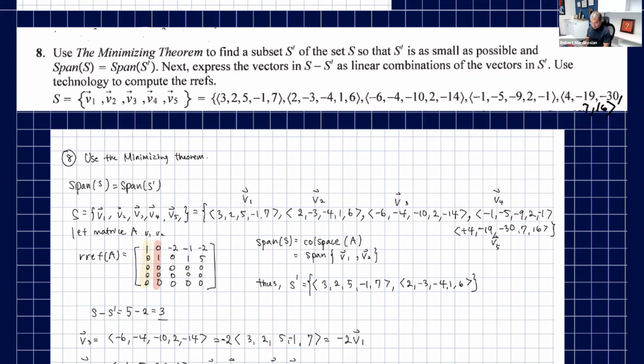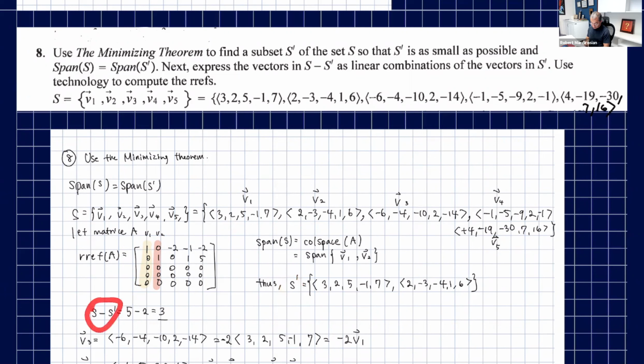Now, we know for sure that the pivot columns are linearly independent. So you go to the original matrix and take the vectors that match; these are the first vectors. So for sure these 2 vectors are linearly independent, and they have the same span as S. This is our S prime.